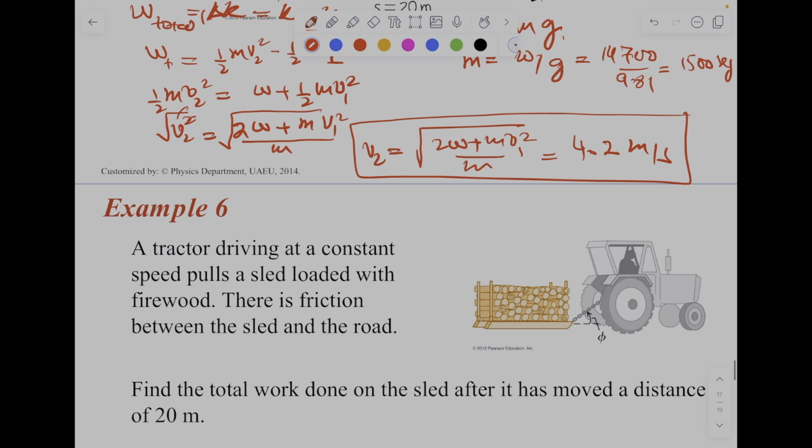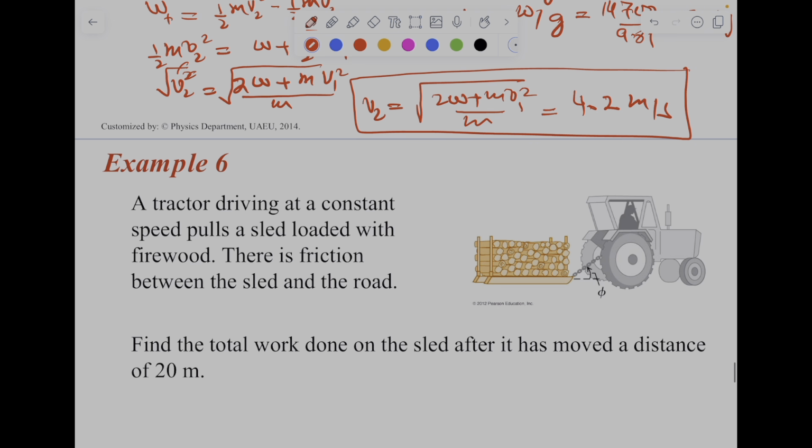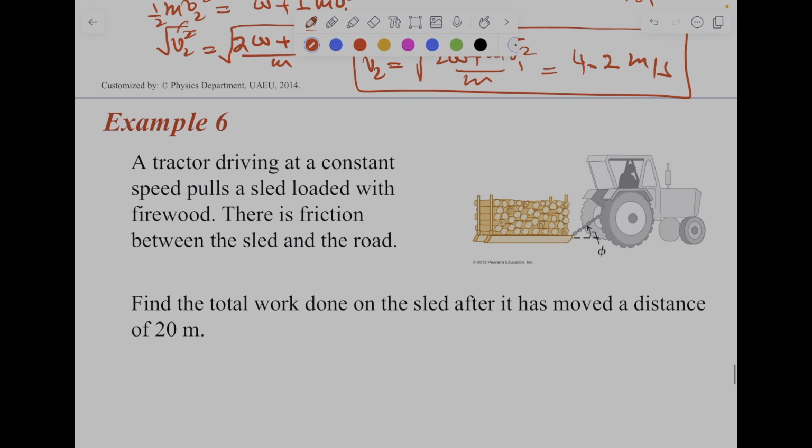Moving towards the next problem. A tractor drives a sled loaded with firewood at constant speed. There is friction between the sled and the road. Find the total work done on the sled after it moves a distance of 20 meters.